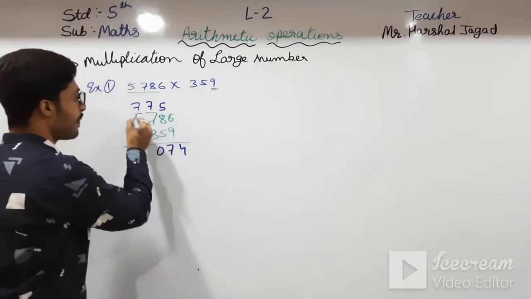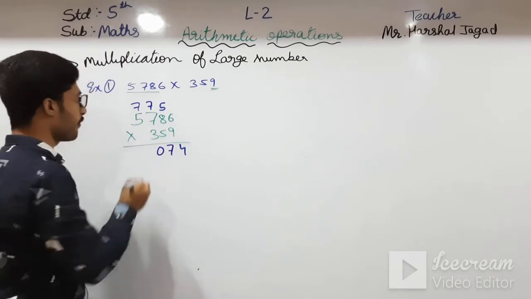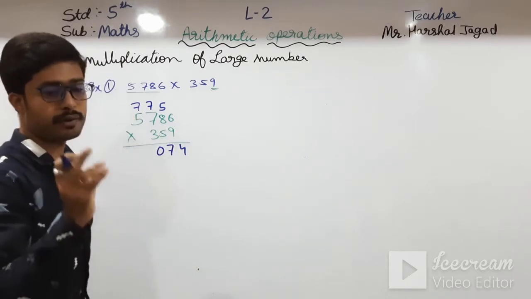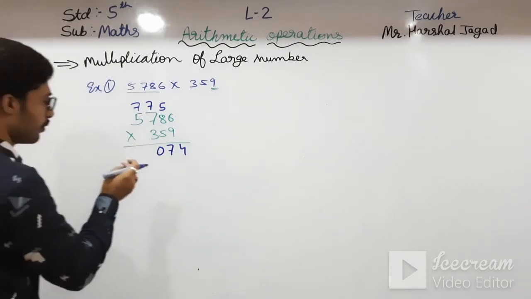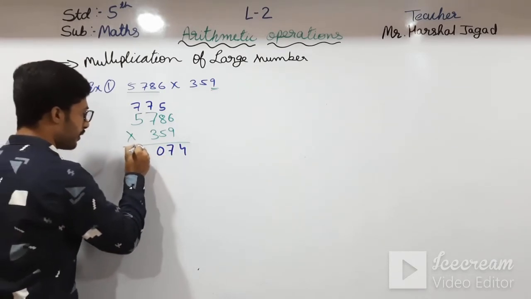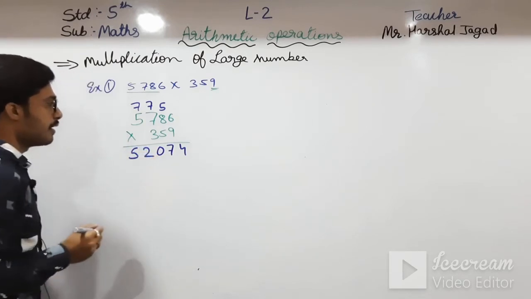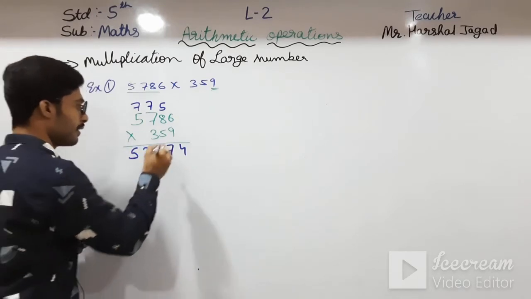And 9 5s are 45, 45 plus 7 is 52. This is the multiplication with 9.